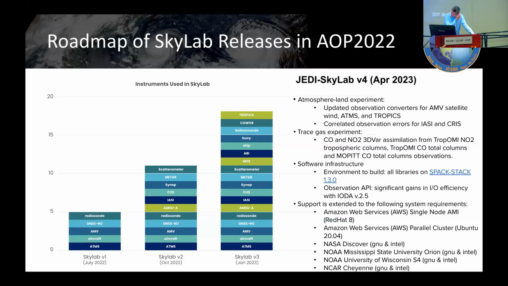And the idea is, because everything is under development, you want to see what the latest capabilities are. And here's an example from V1, V2, V3, and V4, where you see the different instruments being assimilated for the atmosphere and marine, the composition, land, and so forth.